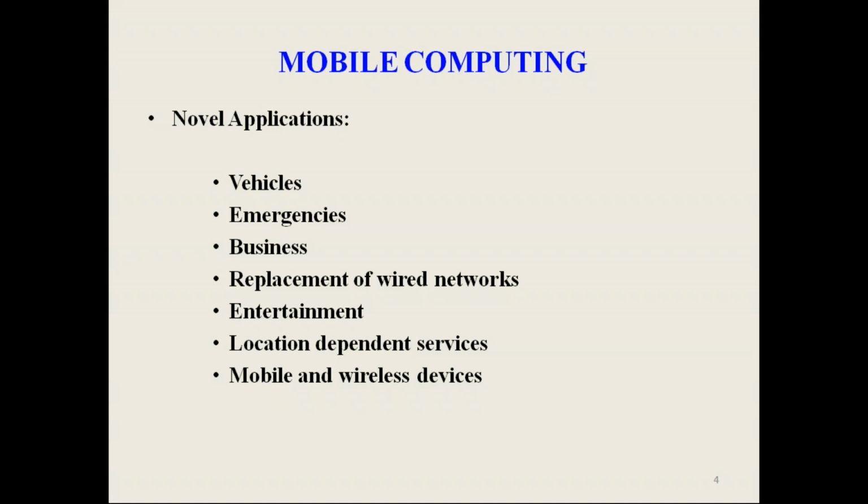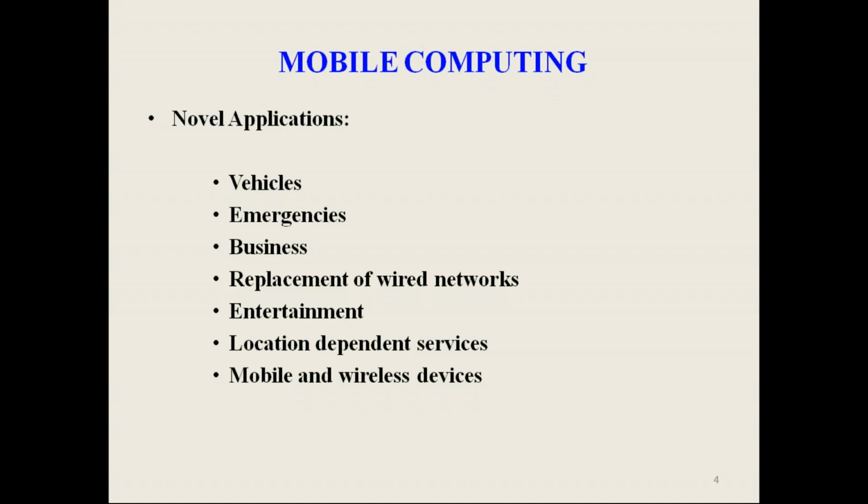These are graded by increasing performance. Mobile and wireless device is well known. Simply you are carrying a mobile phone. There is no particular classification of these devices by size, shape, weight, or computing power.